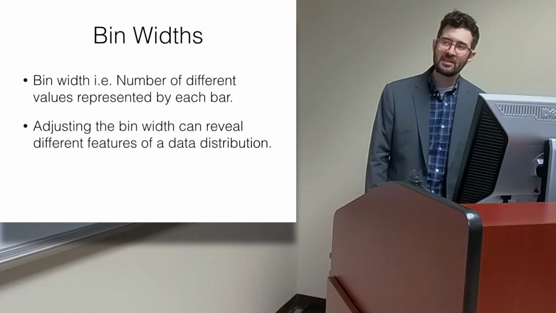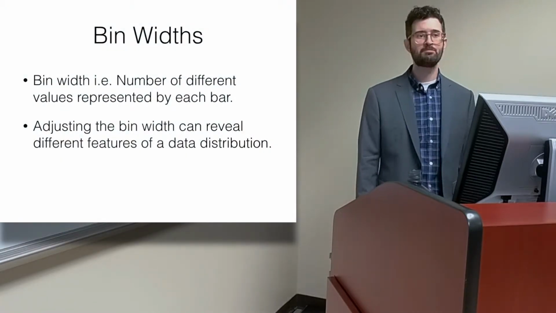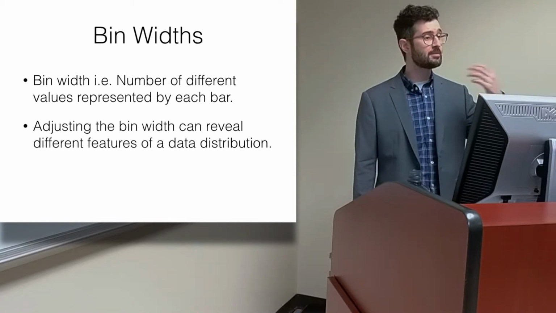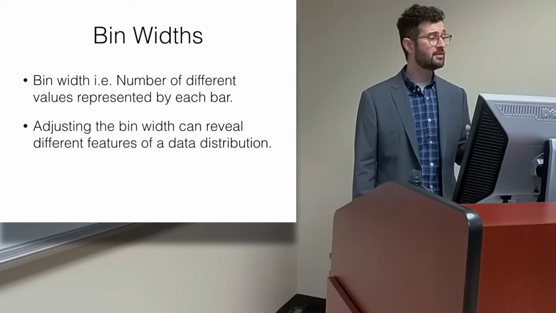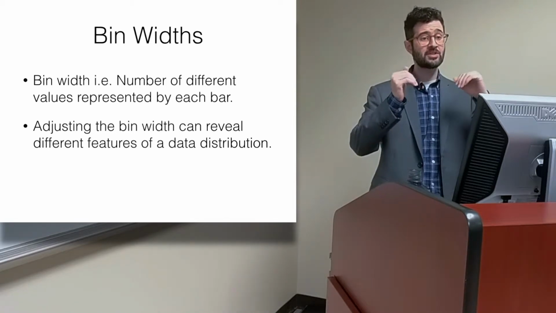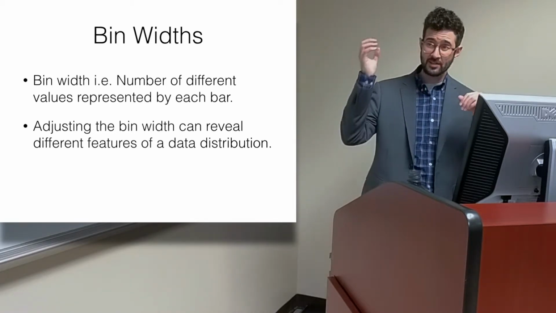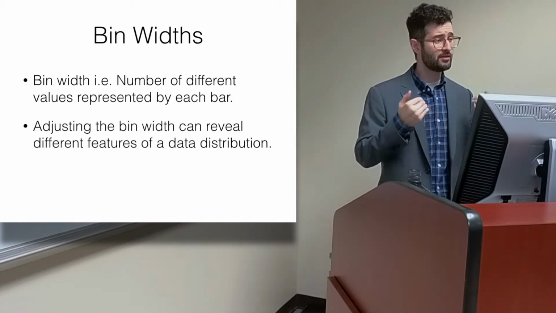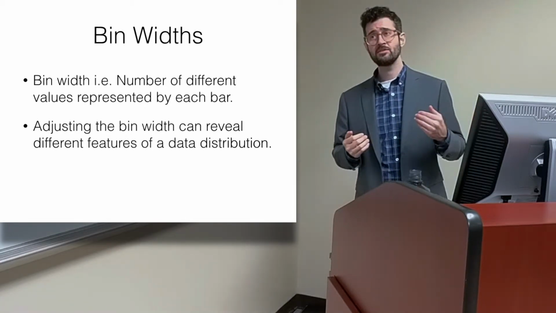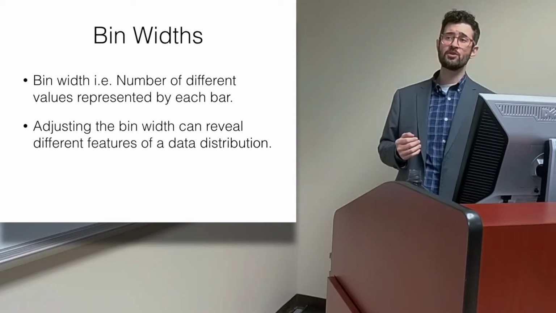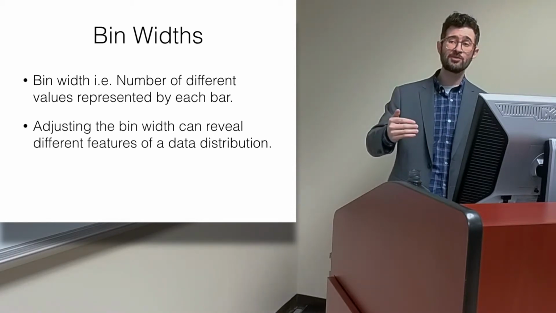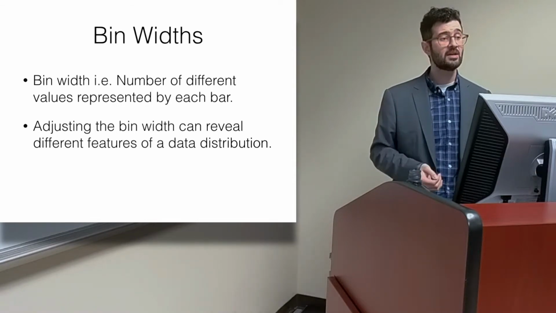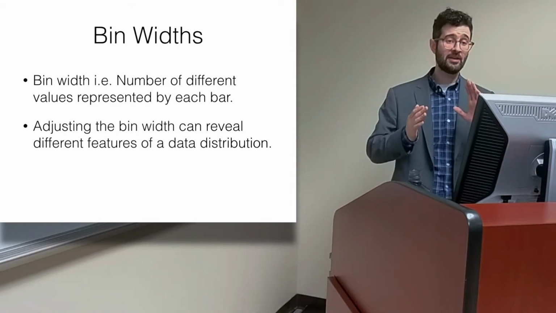Now when it comes to making these histograms, there's a concept known as bin widths. This idea of bin widths is really similar to the notion of intervals that we talked about when taking a ratio level variable and turning it into an ordinal level variable. Bin widths are what we do to take values of a ratio or interval level measure and group them together.